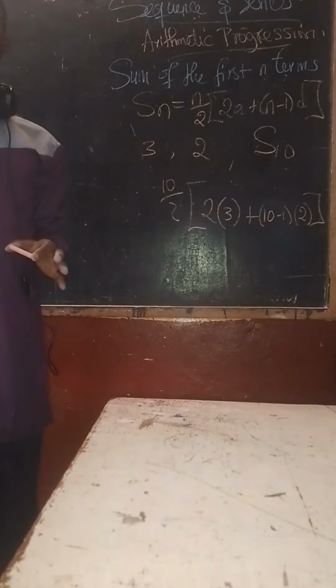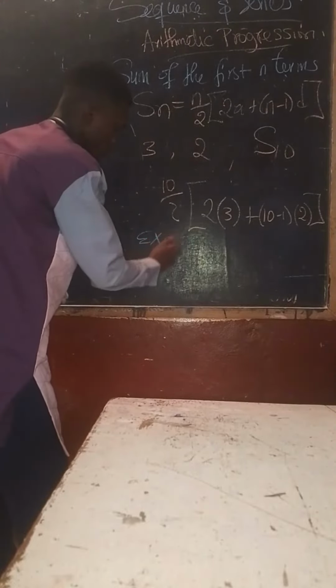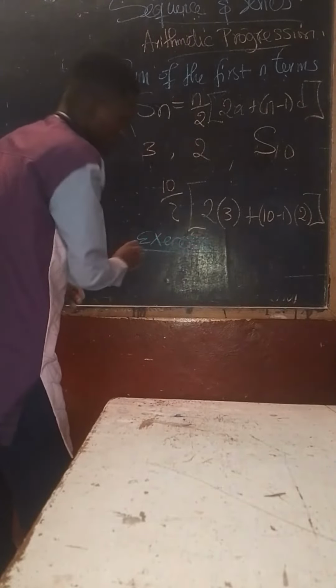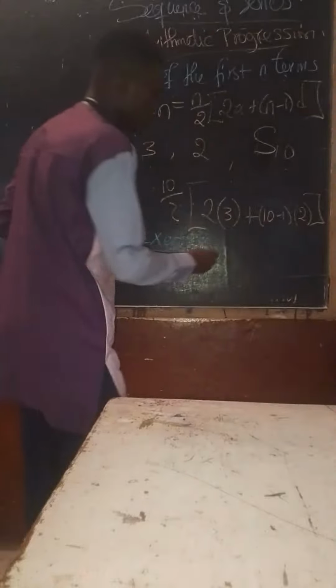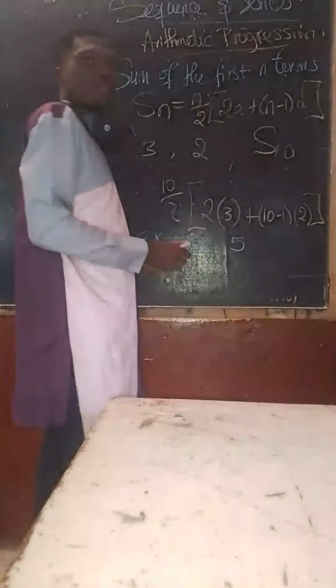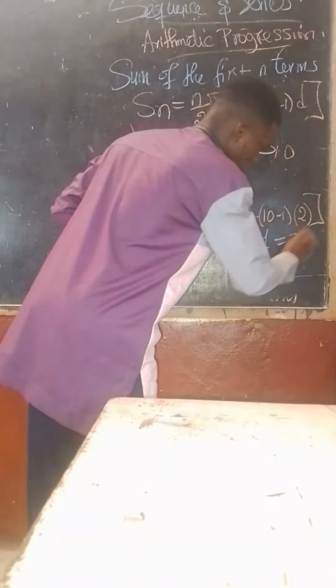Exercise. The first term of an AP is 5, and the common difference is 3.